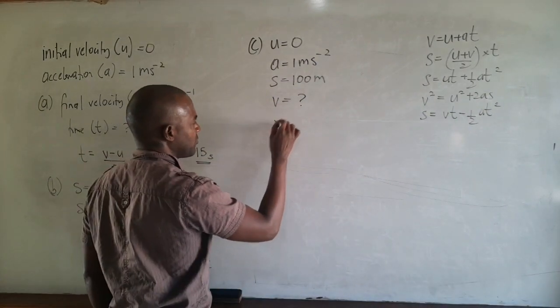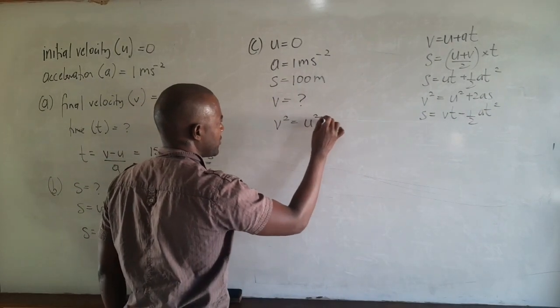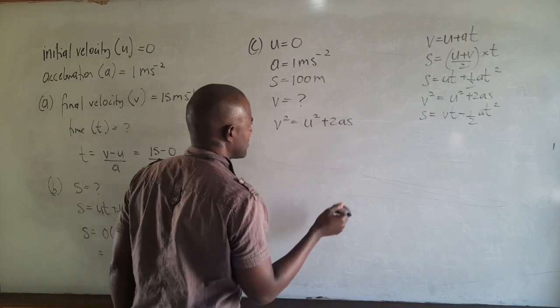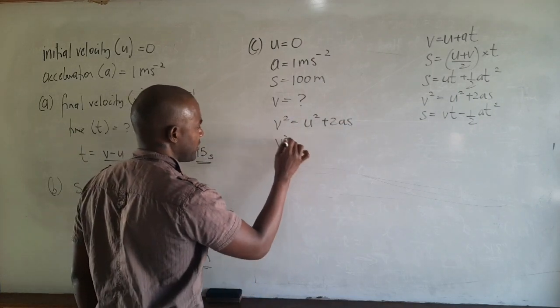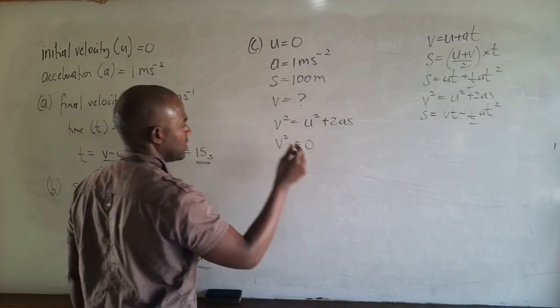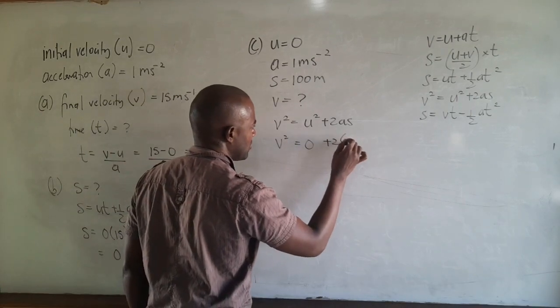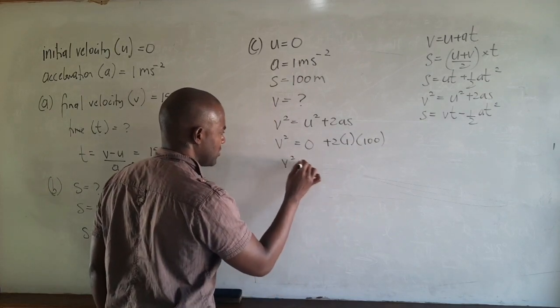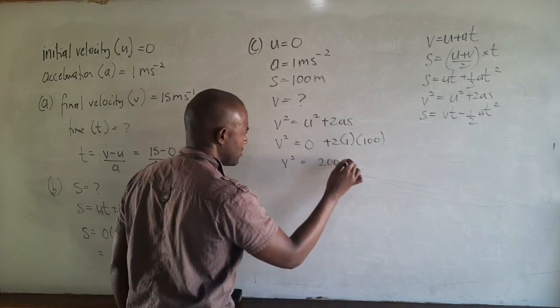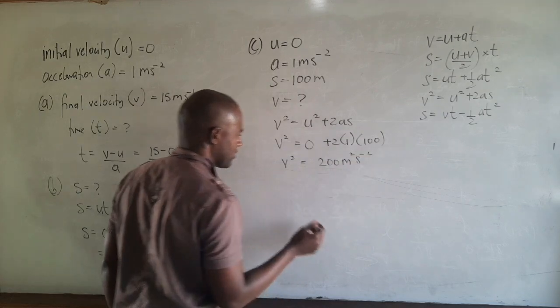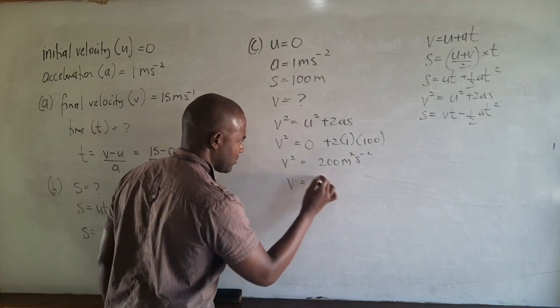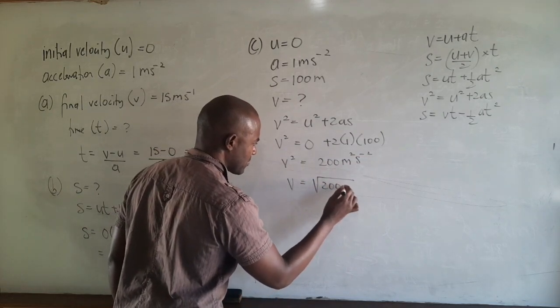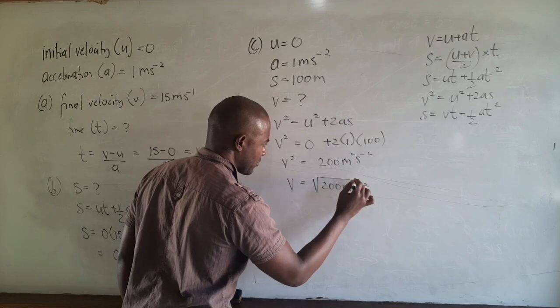So we have v squared equals 0 plus 2 times 1 times 100, and so v squared is equal to 200. This will be meters squared per second squared. And so v is equal to the square root of 200 meters squared per second squared.